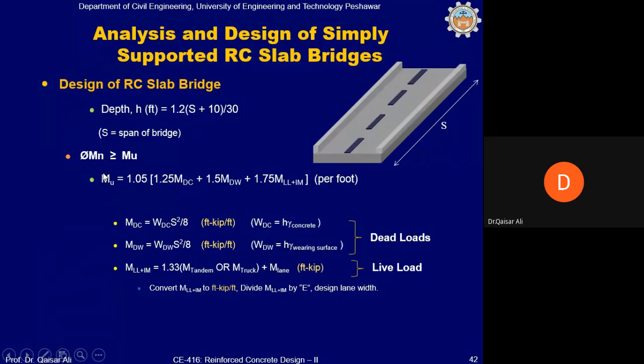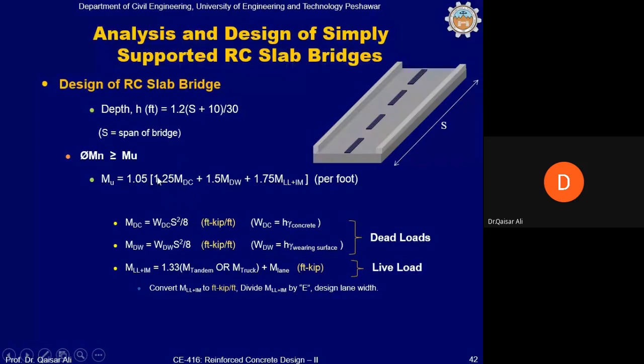And then for the flexure design of the bridge, phi Mn, which is the flexure capacity of the bridge, the design capacity, must be greater than the demand. Mu is equal to 1.05 times 1.25 MDC plus 1.5 MDW plus 1.75 MLL plus IM, per foot. 1.05 is the load modifier, as was discussed in one of the previous slides, and this is applied over and above all these load factors.